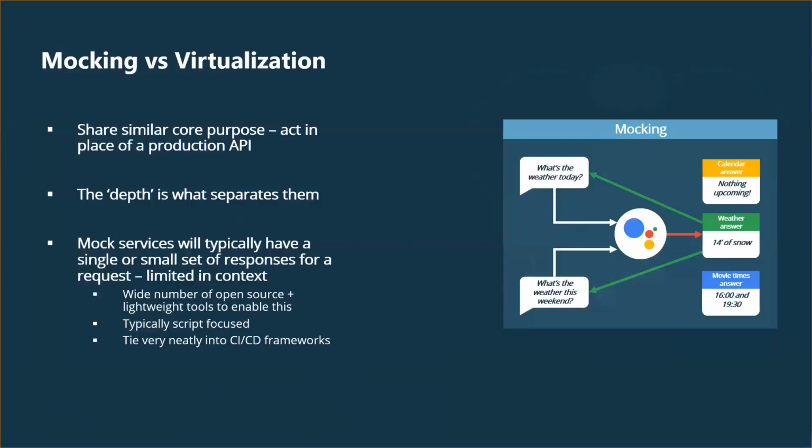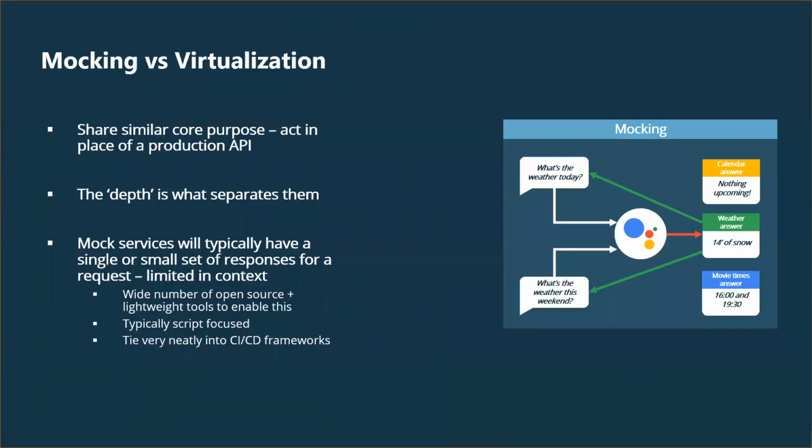It gives a wide number of open source and lightweight tools to enable this, typically script focused, and they tie very neatly into CI/CD frameworks. So we take the example of SoapUI open source, or even the Swagger open source tool. There is that availability to do somewhat of mocking within there. So being able to generate a response based on something that you've defined in a spec for Swagger as an example.